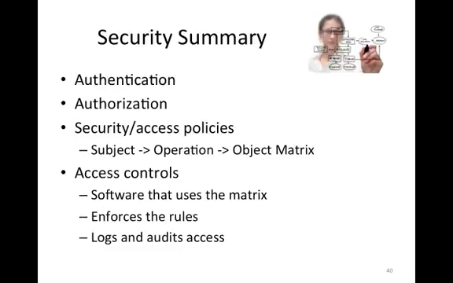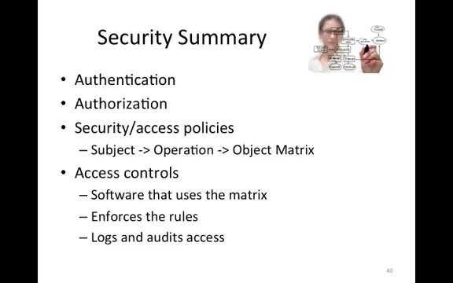We take those two things and we create policies that are based on that person, the subject, the operation, what people are going to do, and the object. And we were going to create a matrix out of that.